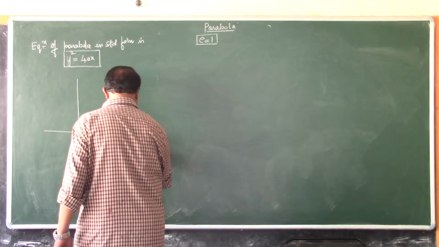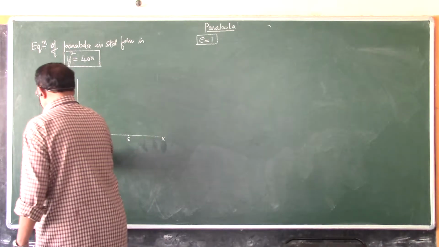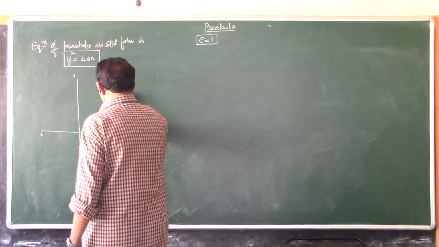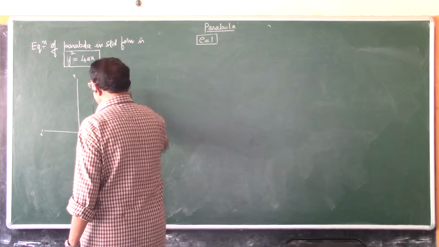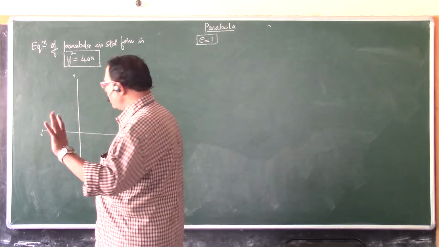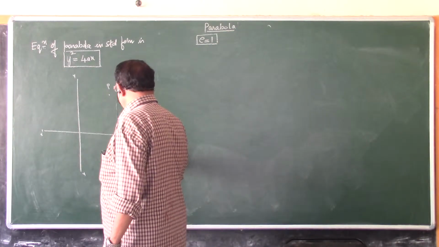Now let me take the point S here on the x-axis, and the point P, which is moving. Now just look at the board. What is P? It is a moving point. How should it move?